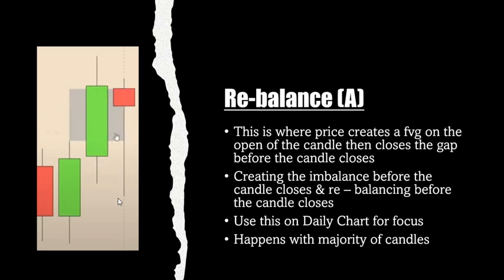So it closes the gap, turning that imbalance of price into balanced price, so that when the candle closes here, there's no imbalance in this area. And this happens the majority of the time on the daily chart. Okay? And that's the first example of rebalancing price.